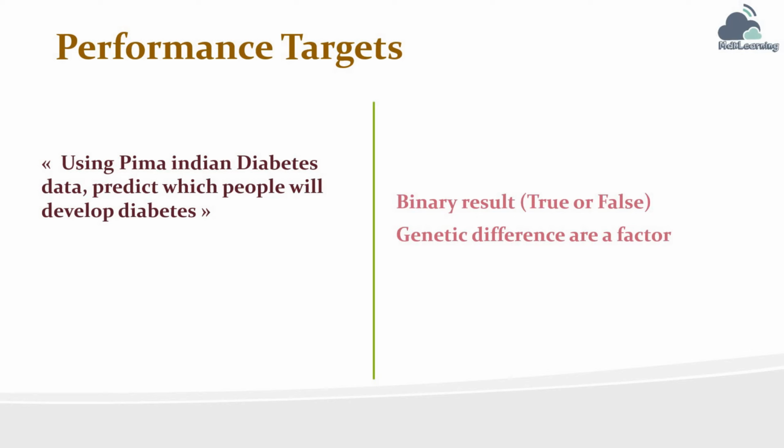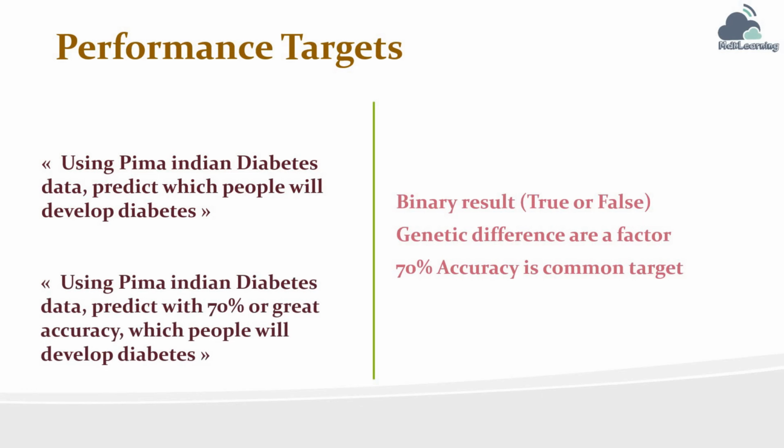Even people that are genetically identical at birth, identical twins, experience different factors during their lives such as lifestyle, environmental exposure, and sickness that lead to different health results. Against this backdrop, 70% accuracy is a reasonable goal, so let's use that as the bottom of the acceptable range. This changes the statement to, using Pima Indian data, predict with 70% or greater accuracy which people will develop diabetes.